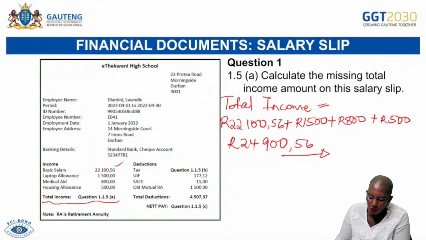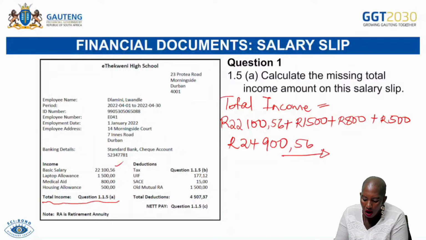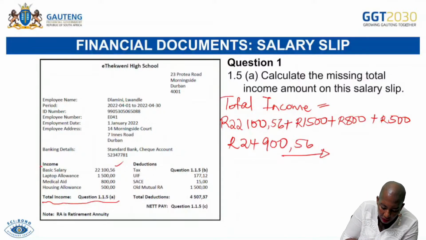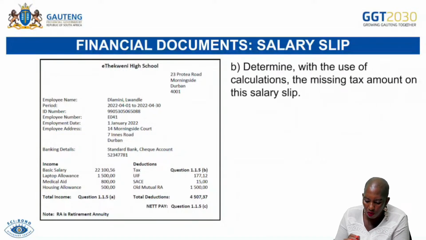This is the total income. That is the answer for the missing value. They just needed you to add those amounts because they said the total income. You just add the amounts. Now let's move to the next one.